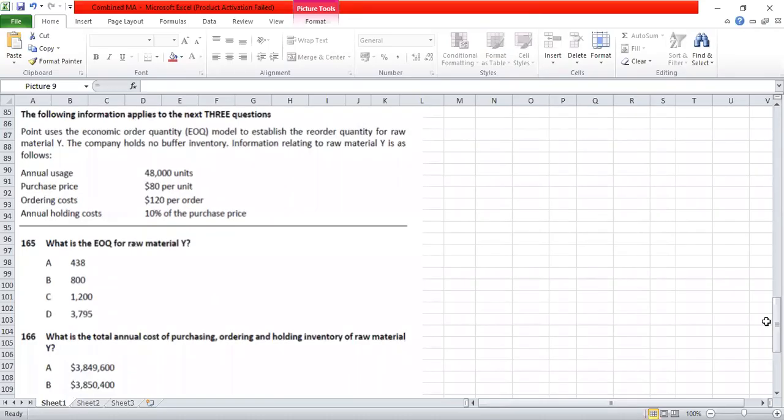So let's write what's the formula. Question number 165. See 165 on the screen.